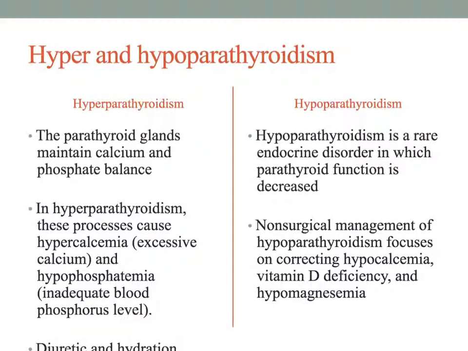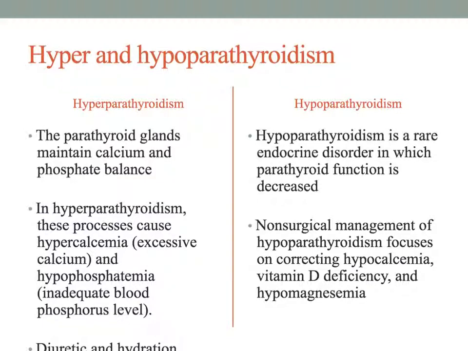Just going to briefly mention hyperparathyroidism and hypoparathyroidism. Hyperparathyroidism involves overactivity of the parathyroid glands. And remember, these sit posteriorly to the thyroid gland, so they're in the neck as well, but posterior to the thyroid gland.